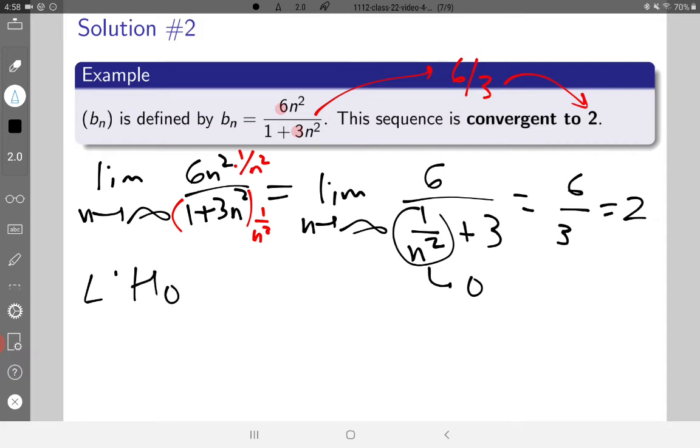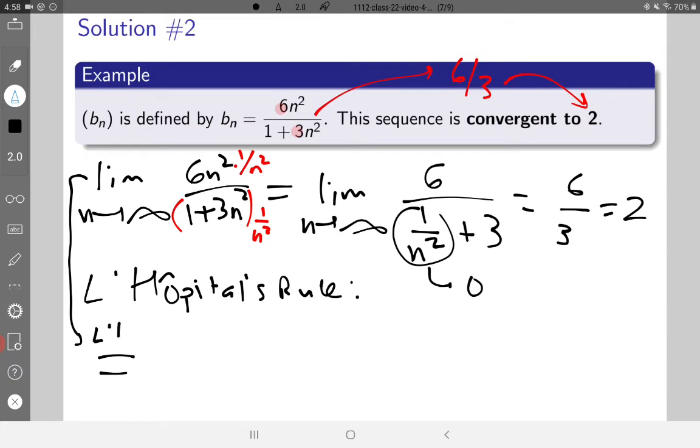Another way to even see this is using L'Hopital's rule, because as n goes to infinity, 6n squared gets bigger and bigger, goes to infinity, and 3n squared plus 1 is also going to infinity. So when I try to evaluate this limit, I could also say I have an infinity over infinity situation.